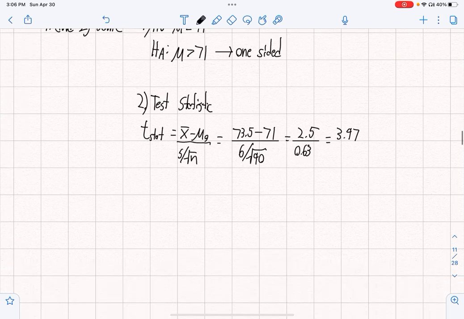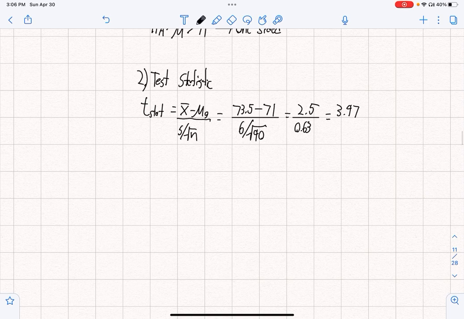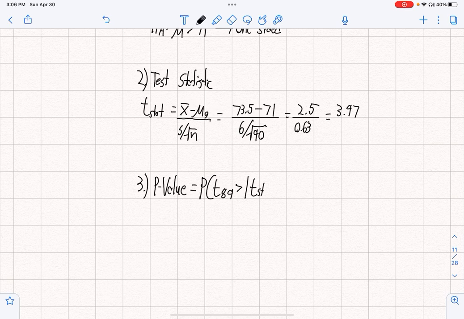Okay, step 3. Let's do step 3, which is now calculating the p-value, which is going to be equal to the probability that T89 is greater than the absolute value of T stat. So that would be the probability of T89 bigger than 3.97.